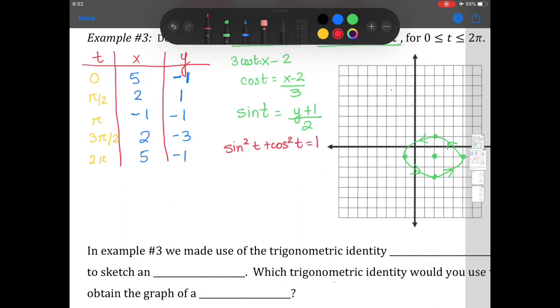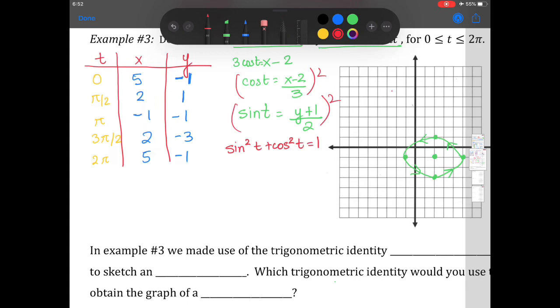So if I square both sides, I'm going to square this and I'm going to square this. What do I get? I'm going to substitute in here for sine squared t, y plus 1 squared over 4 plus, if I square the cosine, I get what? x minus 2 squared over 9, which is equal to 1.